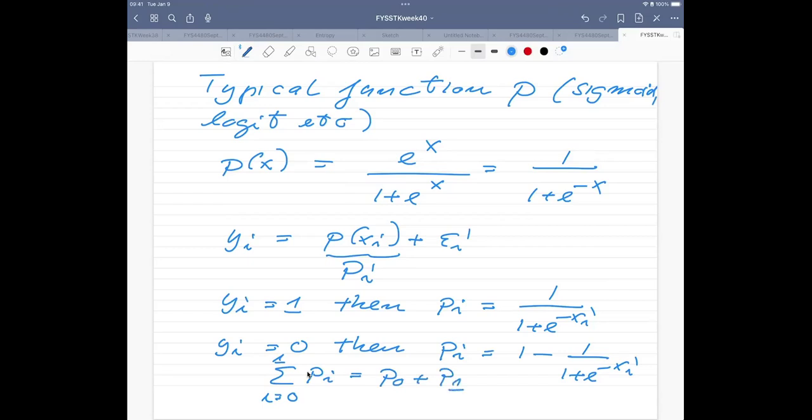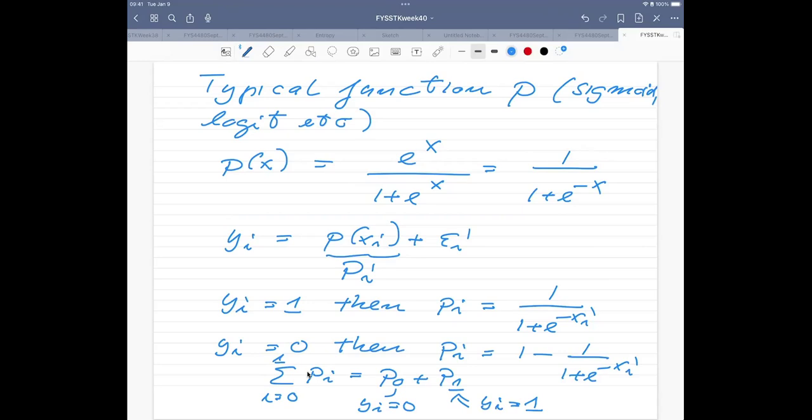And 1 is now referring to the case that y of i is equal to 1, so it's a little bit clumsy notation. So this is y of i equal to 1, and this is y of i equal to 0. And if you sum the two here, you will see that this adds up to 1, as it should.